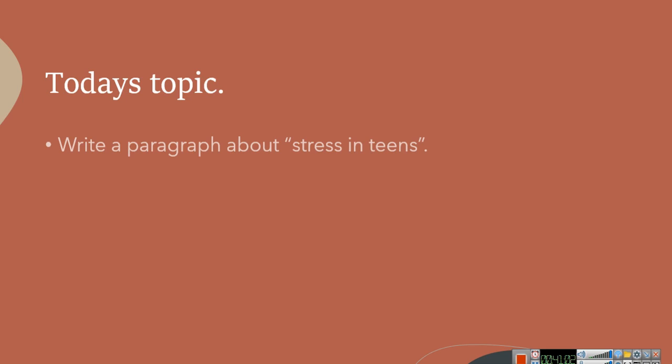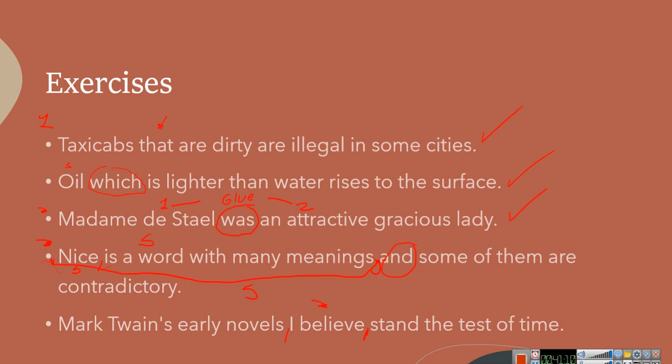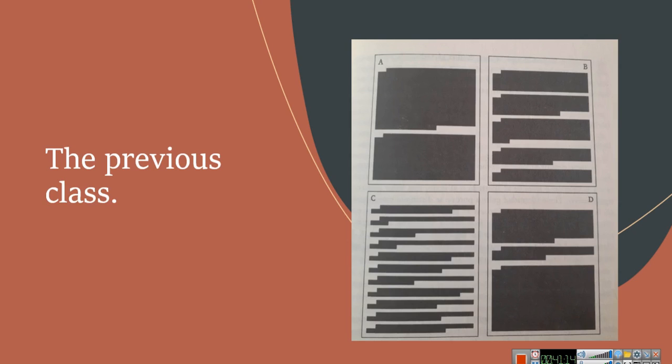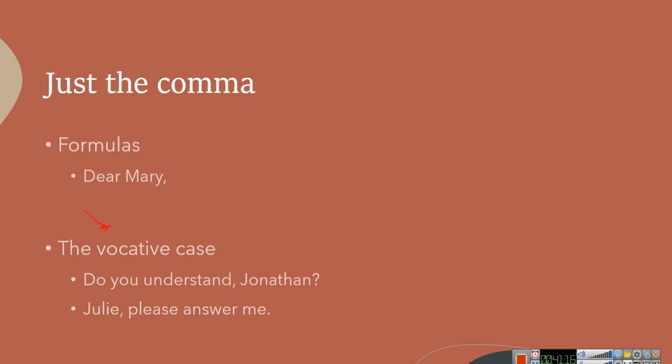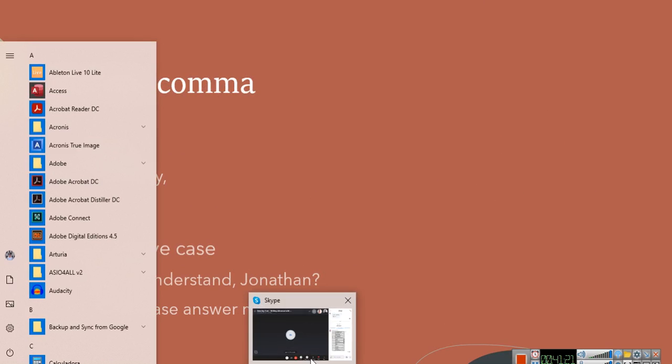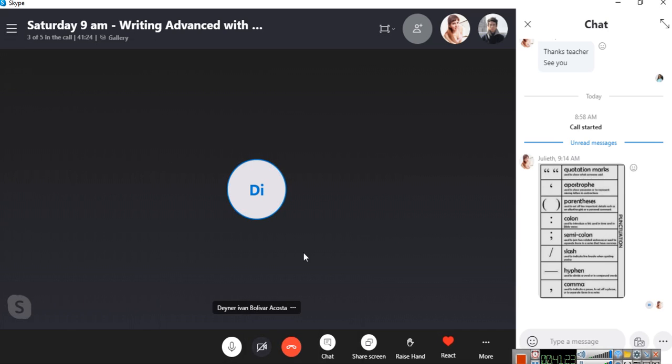I'm gonna give you, let's say, 10 minutes for that. So write a paragraph about stress in teens, about the punctuation that you just learned. I'm gonna give you some examples right here. I'm gonna close my microphone so I don't disturb you, and I'm gonna be back in 10 minutes. So remember, stress in teens.